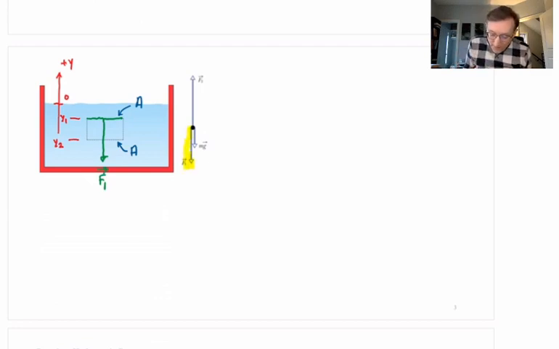Now, what about the bottom surface of this parcel? There's a force on that from the fluid. Which way is that? On the bottom of the parcel, it's got to be up. So we'll call that total force on the bottom F2. And that's represented in the free body diagram there. And I have purposely drawn F2 longer than F1. Why?